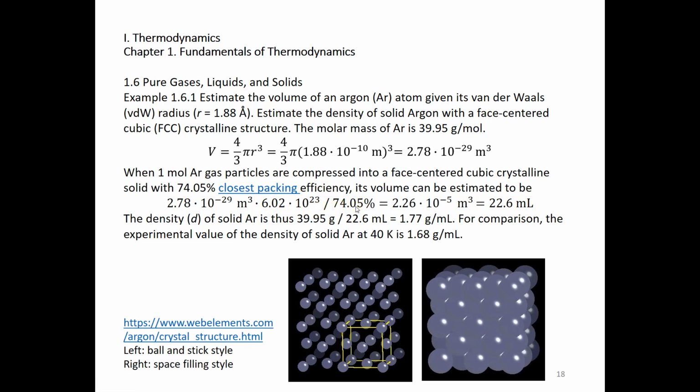We'll be able to get the total volume of 1 mole argon in the solid phase. We got 22.6 milliliter. The density of solid argon can be calculated because we know the mass of 1 mole argon, we know the volume of 1 mole argon based on this calculation, and then we get the density 1.77 gram per milliliter. Let's compare this with literature value 1.68. These two values are really close to each other.